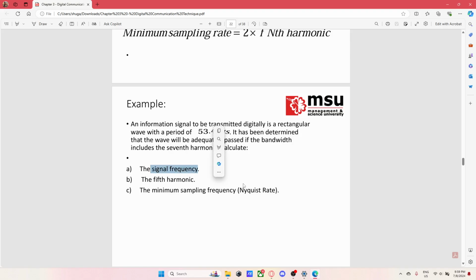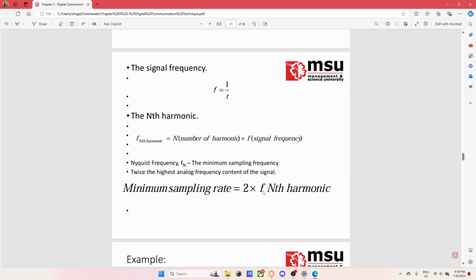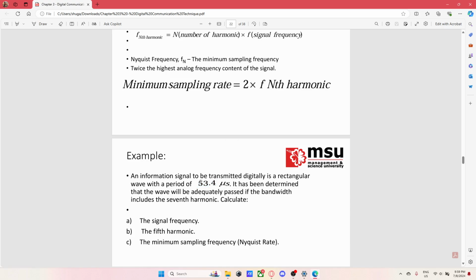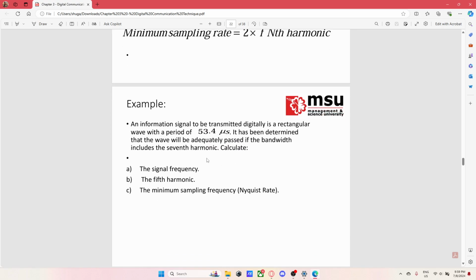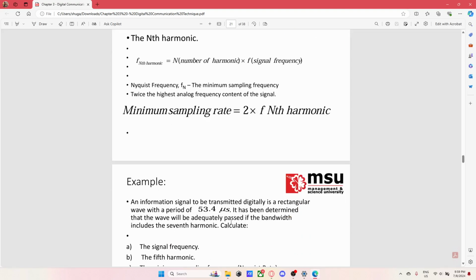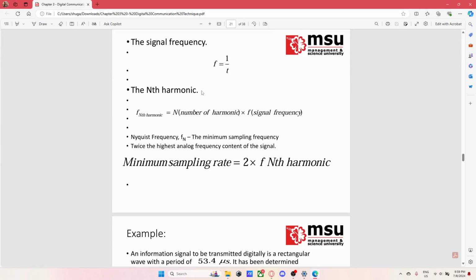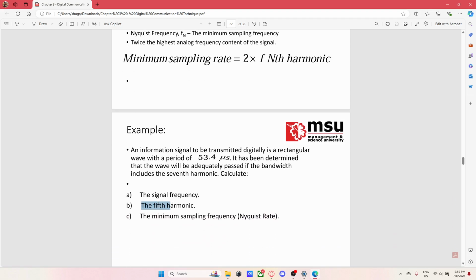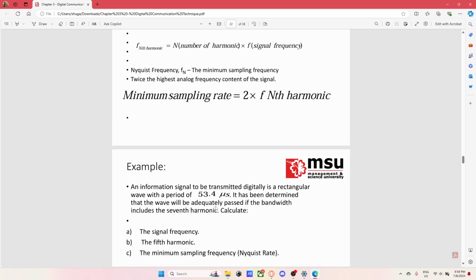Calculate the signal frequency, right? So the signal frequency over here is f equal to 1 over time, and the time has been given as 53.4 microseconds. So you just substitute 53.4 microseconds into this equation and you will get the frequency. Alright, it asks us about the fifth harmonic.